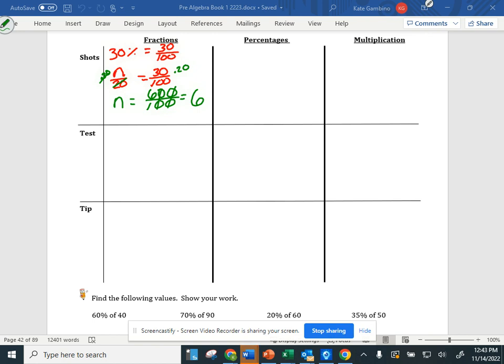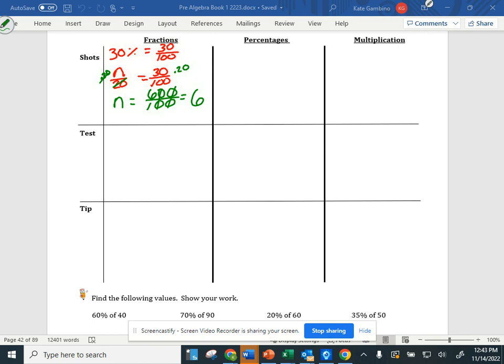Now we stop and think, does that logically make sense? If she made 20 shots, and that was a 30%, 30% is less than half, less than 50%. 20 shots, what's half of 20 shots? 10. So does it make sense that she's going to make a number that's smaller than 10? Because she made less than 50%.